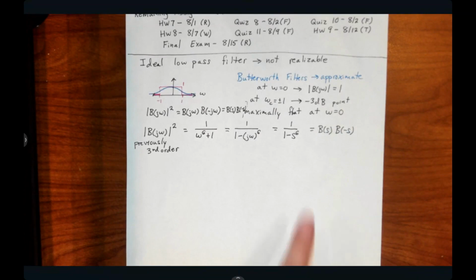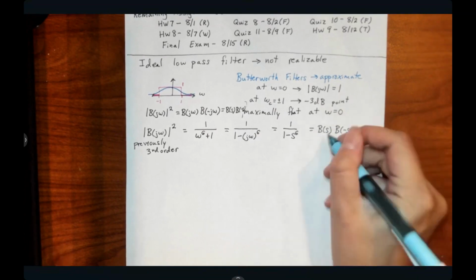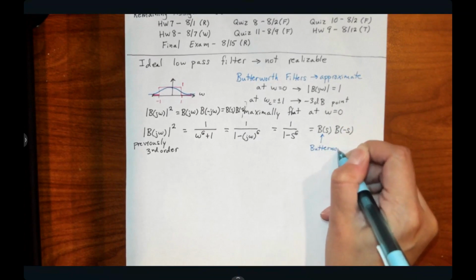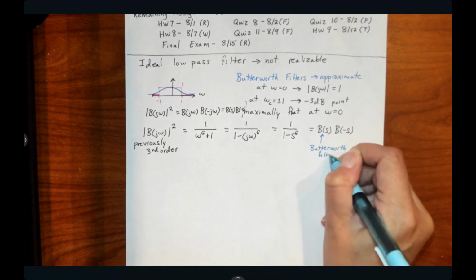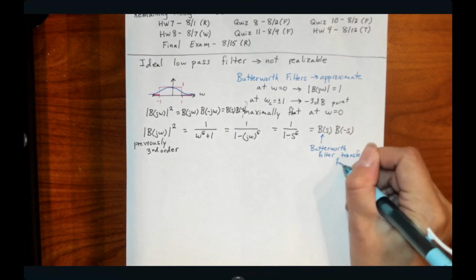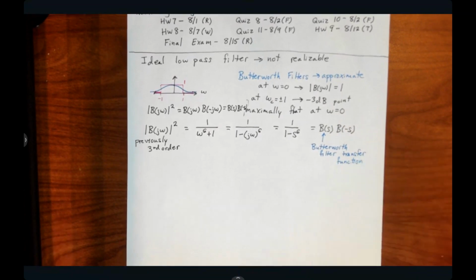So this B of s here is our actual Butterworth filter transfer function. And since this is something that we want to actually implement, we want this to be stable.